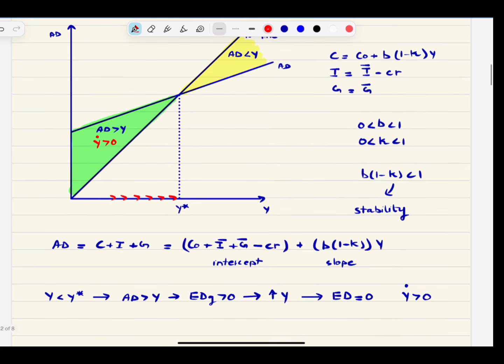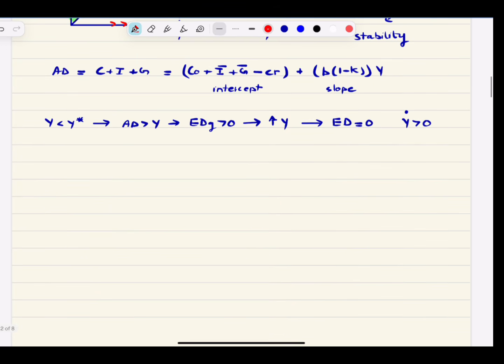Conversely, what happens on the other side? It's a kind of symmetrical logic. If output exceeds the equilibrium, then aggregate demand is less than output. Therefore, we have excess supply of goods in the economy, so there's going to be a rise in inventories.